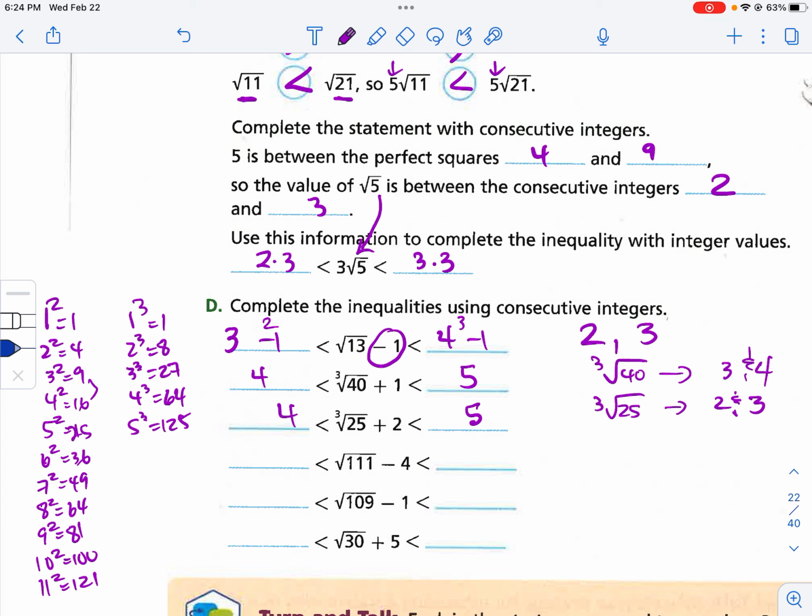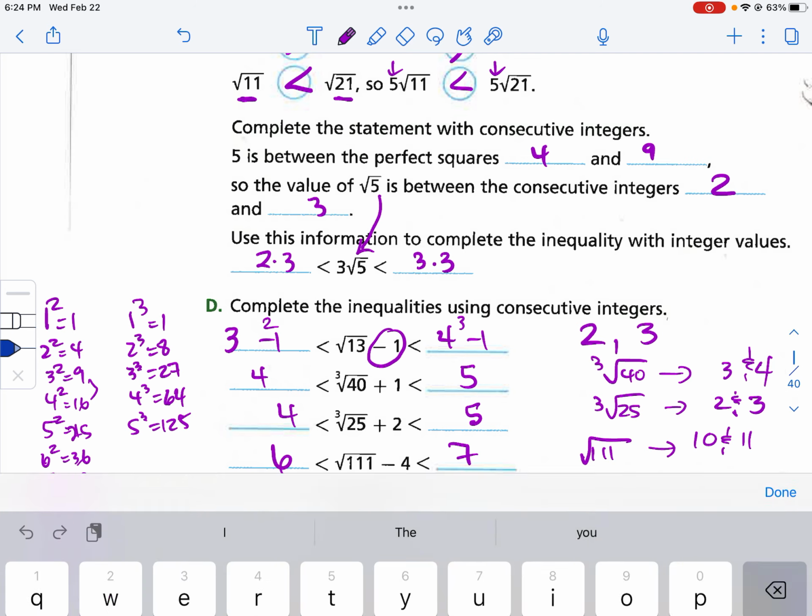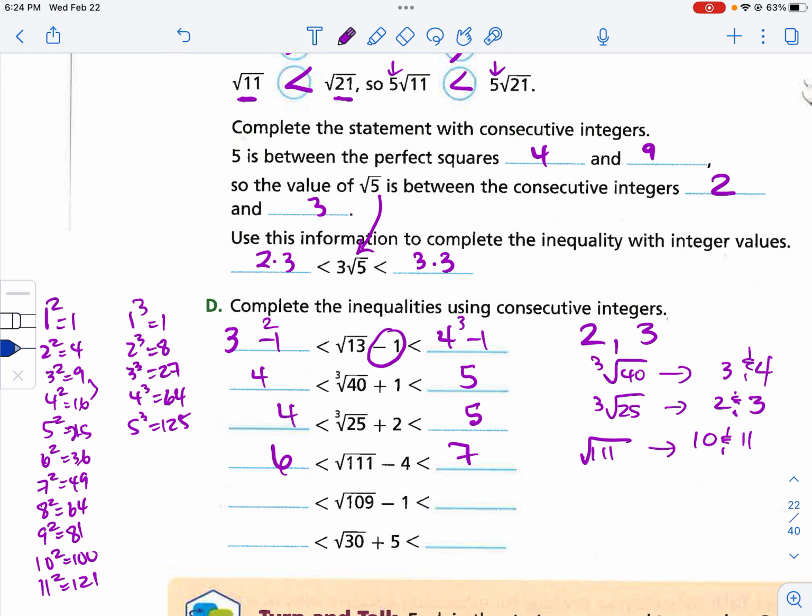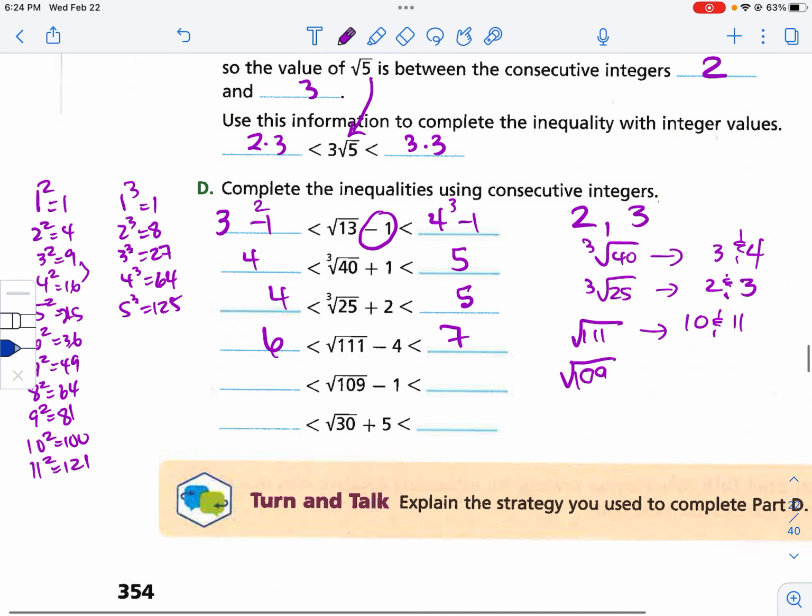The square root of 121, or sorry, 1, so that would be between 10 and 11. So I'm taking away 4. So it would be 6 and 7. 109 is a, oops, sorry about that. 109 is between 10 and 11.